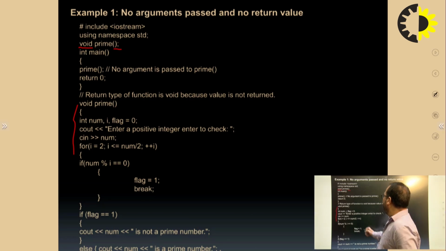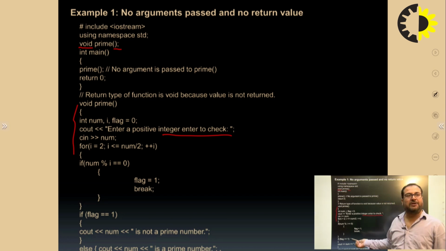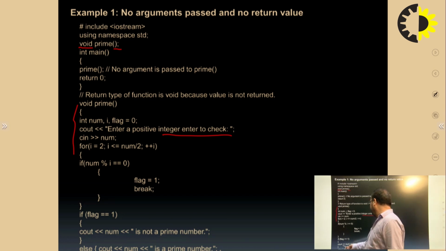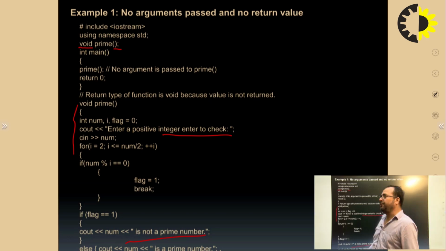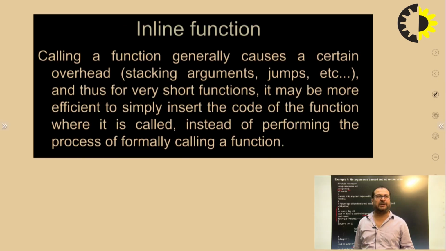Okay. So, enter a positive integer to check, say num. For i equal to 2, i less than or equal to num by 2, i plus plus, if num modulo i is equal to 0, then this is not a prime number, simply come out and say it is not a prime number. If not, then it will be prime. Okay, that is the simple logic.